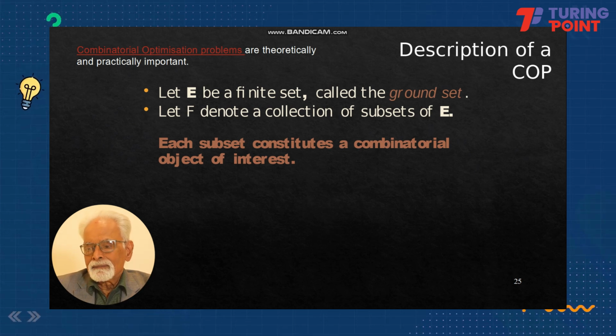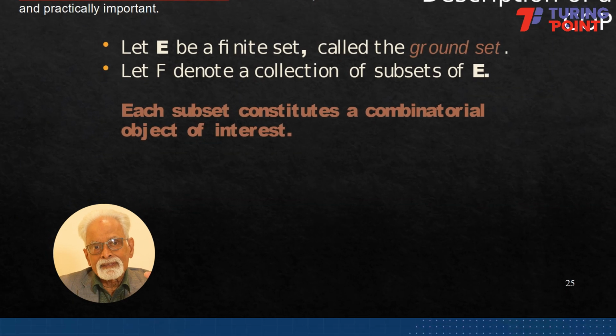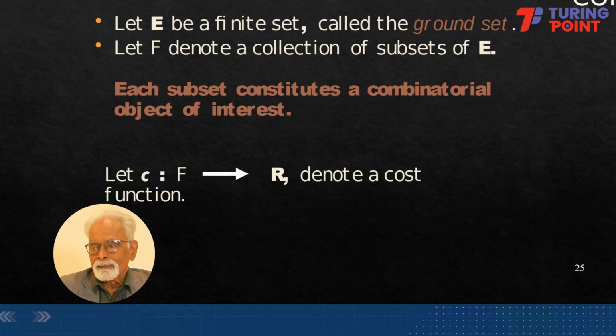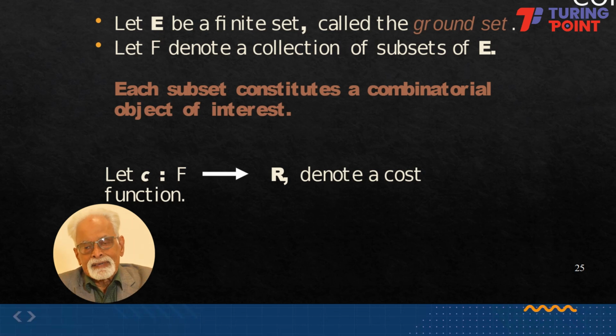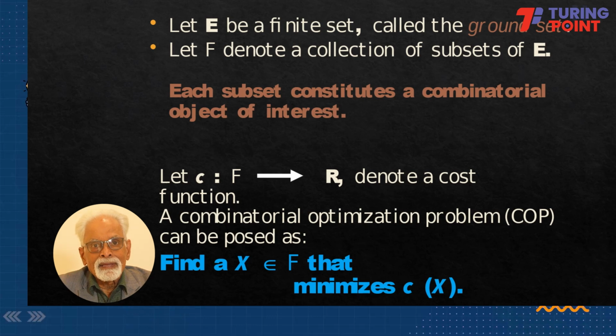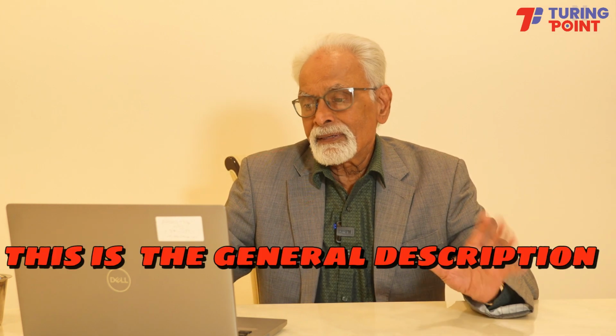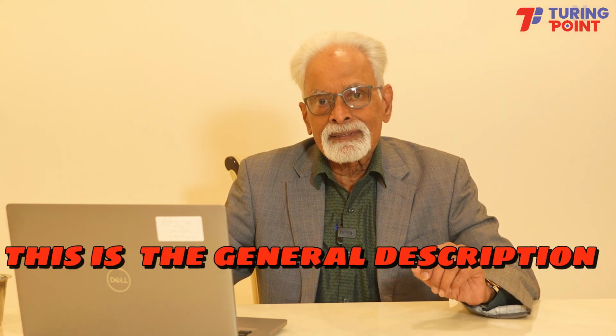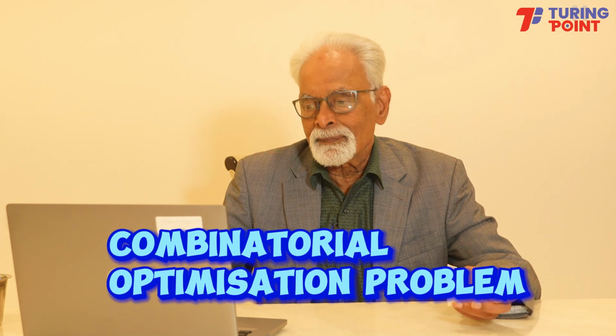And then we are given a cost function from F to real numbers, and we are interested in finding the best subset, which will be optimal for us. So find X belonging to F that minimizes C of X. Of course, it could be maximized also. So this is the general description of a combinatorial optimization problem.